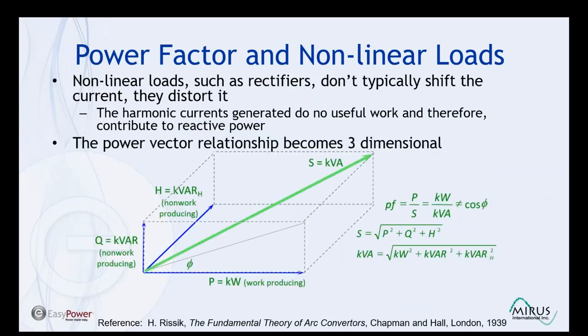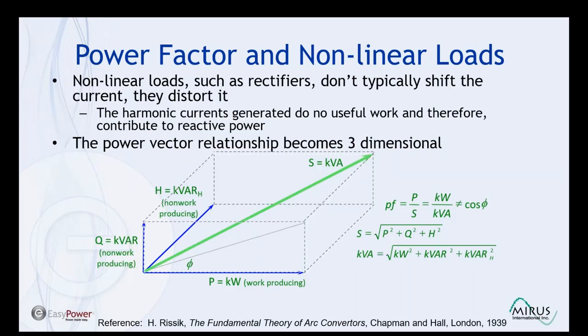The power vector relationship then becomes 3-dimensional. You can see here we still have the real power and reactive power, inductive or capacitive elements, but also there's a distortion reactive power component, which is 90 degrees out of phase with the inductive or capacitive reactance and 90 degrees out of phase with the real work.